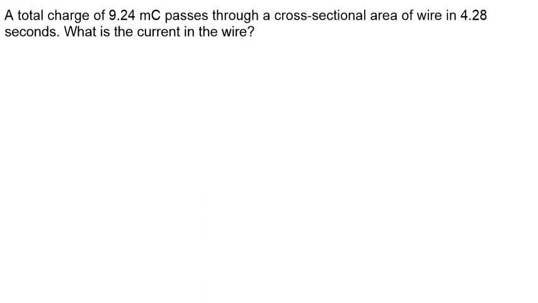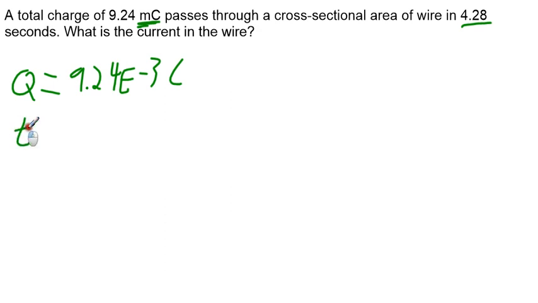A total charge of 9.24 millicoulombs passes through a cross-sectional area of wire in 4.28 seconds. What is the current in the wire? So with this one, you have to be careful of your units. We are in millicoulombs, so our Q is going to be 9.24. Milli is times 10 to the negative third coulombs. We are told we have 4.28 seconds.